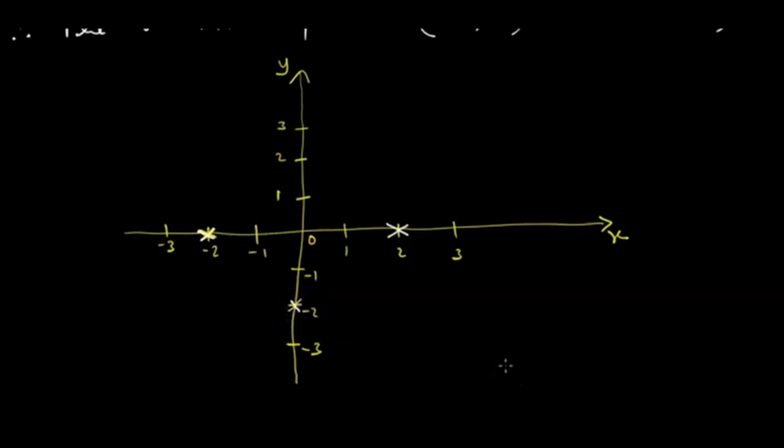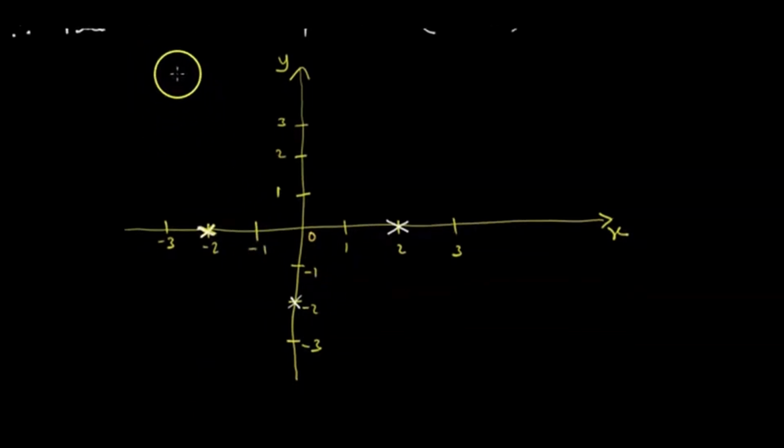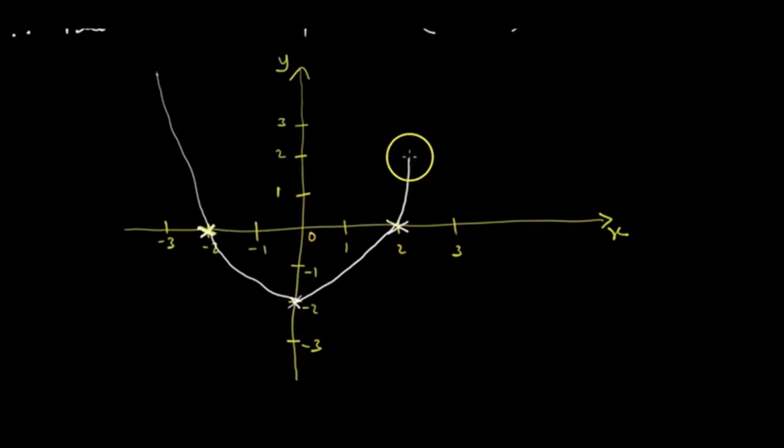What we have to do now is connect these 3 points, starting from here. It should be a smooth curve. We do it freehand, something like this.